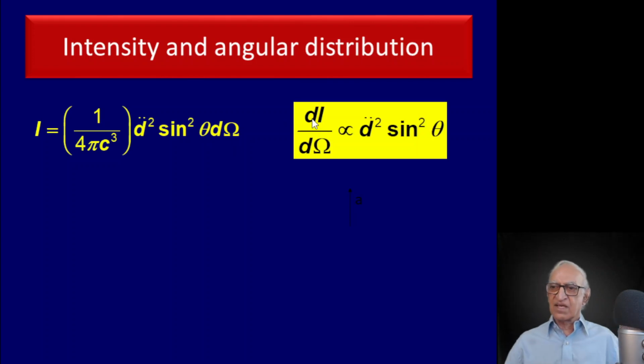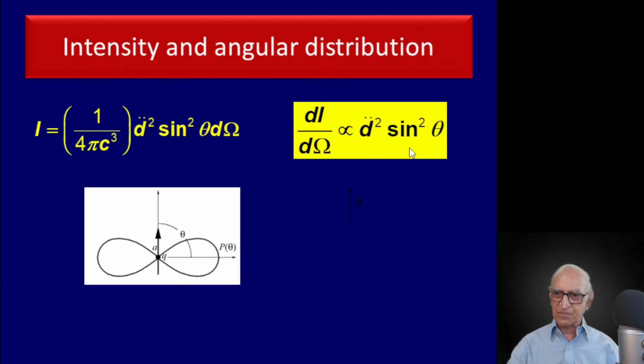Therefore, the derivative dI by d omega, where I is the specific intensity, which is the energy crossing the unit area per unit time per unit frequency interval and going into the solid angle, is proportional to d double dot whole squared sine squared theta.